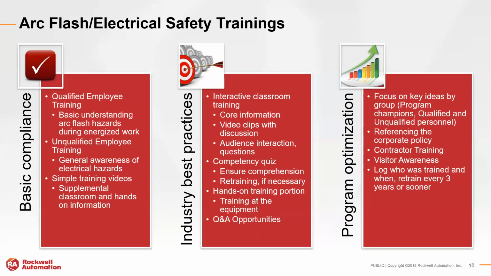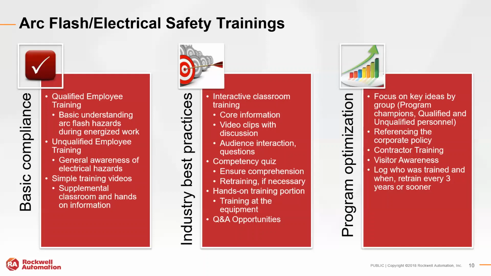You may want to include some content in your training material that's specific to your company policy so that your employees understand if something is rated greater than 12 calories per centimeter squared, they're not to perform any energized work under any circumstances. And maybe the best solution is to look at engineering out to mitigate that arc flash hazard. So if something needs to be serviced energized, fairly often it can be done within the parameters of your decided acceptable level of risk.